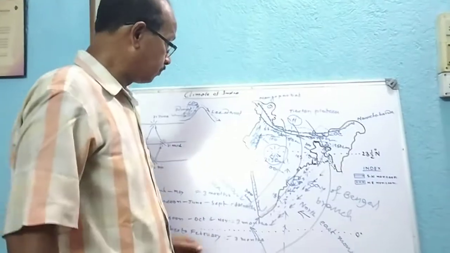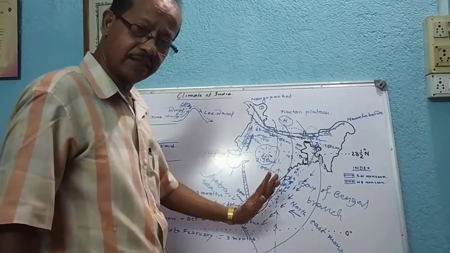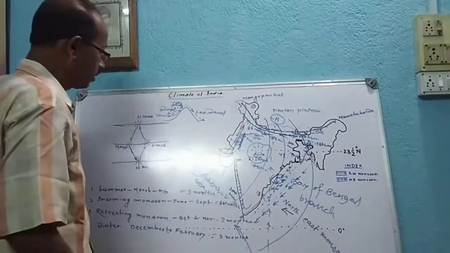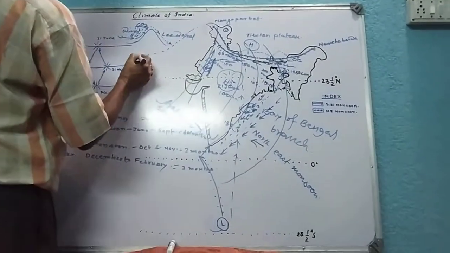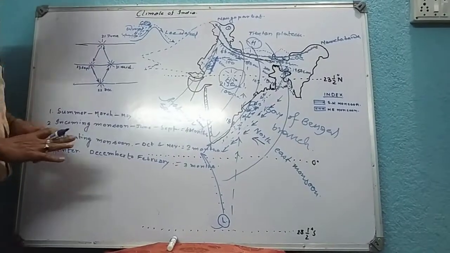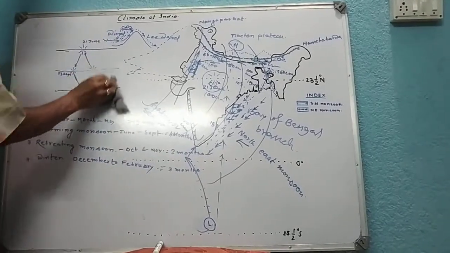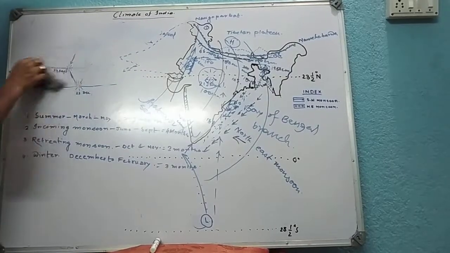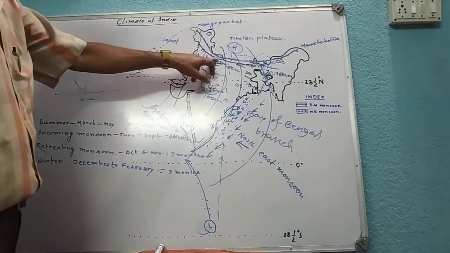Okay? Now, two remarkable climatic phenomena are experienced during this winter season, the first being westerlies disturbance. What is westerlies disturbance? Suppose this is your Pakistan. This is your Shivalik mountain range.